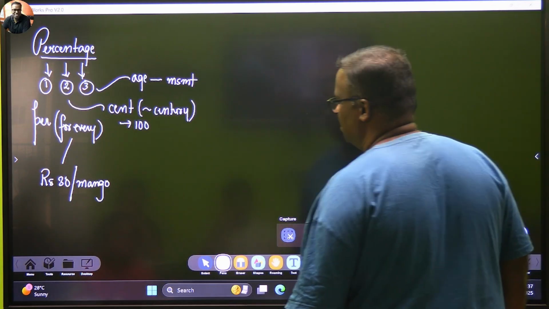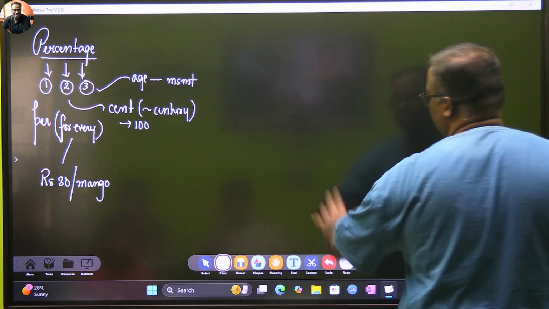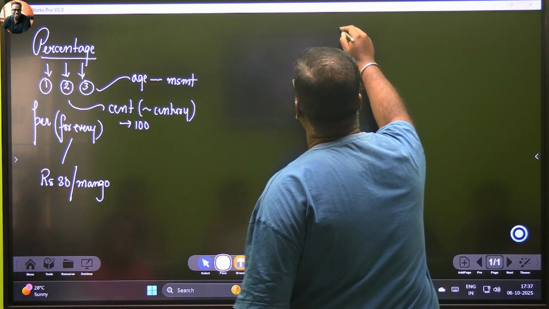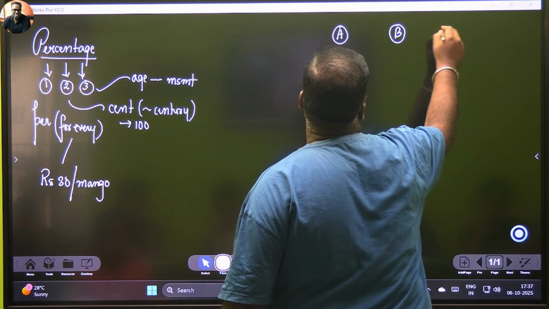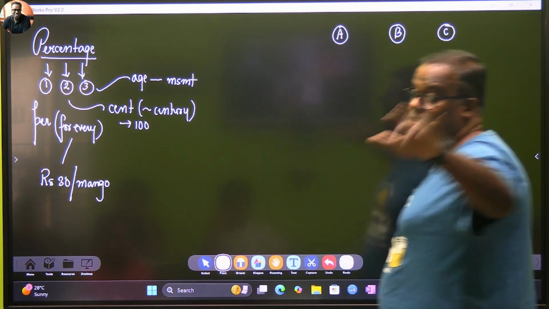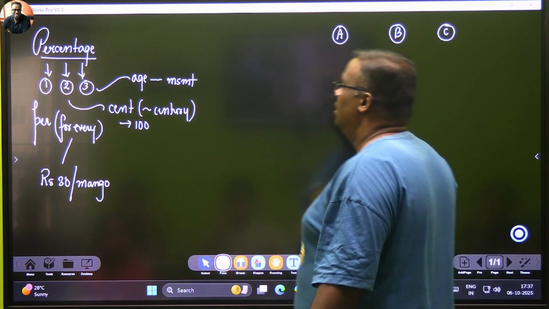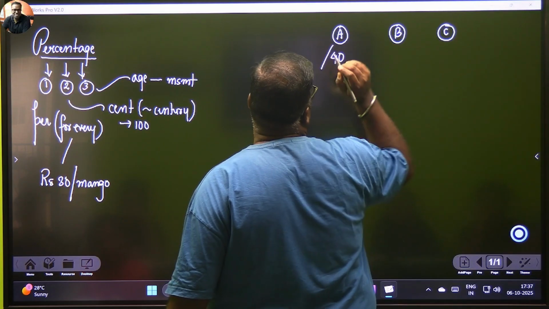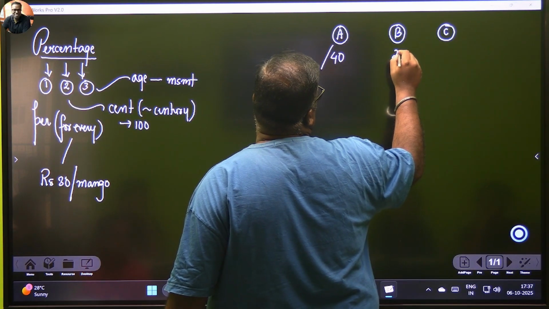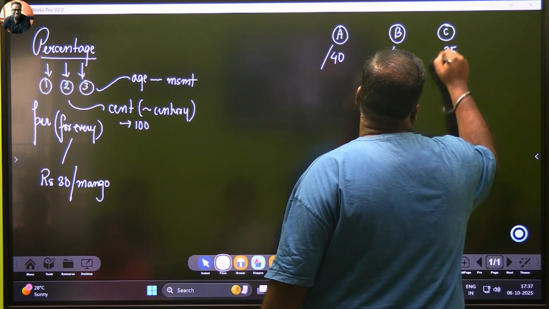Why was this needed? The next question is, what was the necessity for developing this concept? Let's say we have 3 children, child A, child B, and child C, just like you kiddos, all coming from different schools. Ask me any question and stop me if you don't understand. In A school, the class test is held out of 40 marks. In B school, it is held out of 25 marks. And in C school, it is held out of 35 marks.